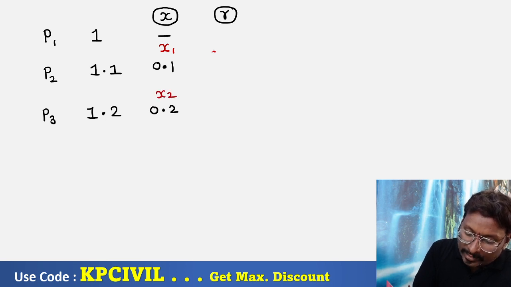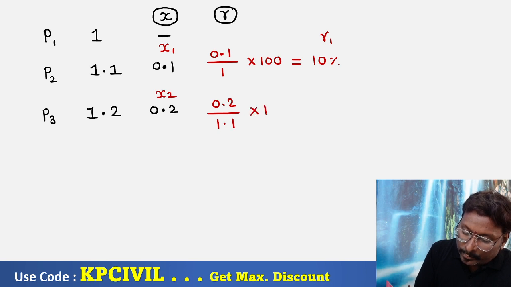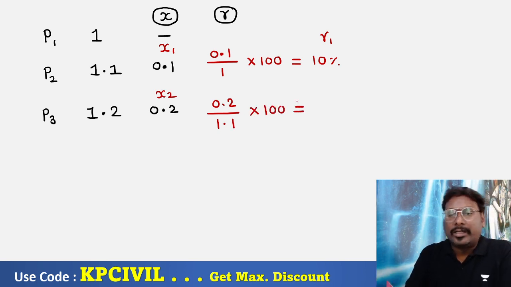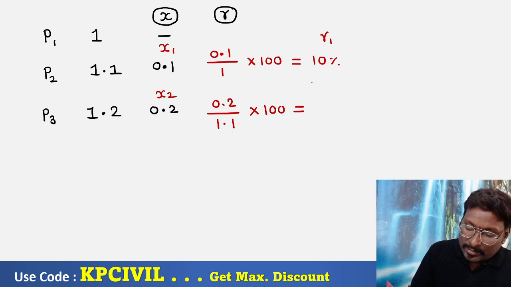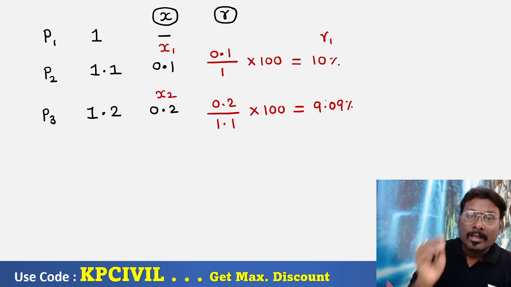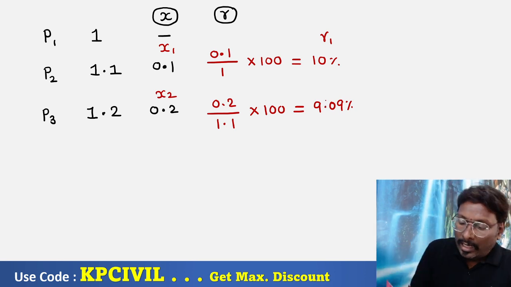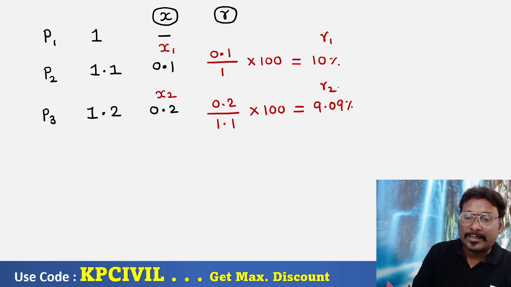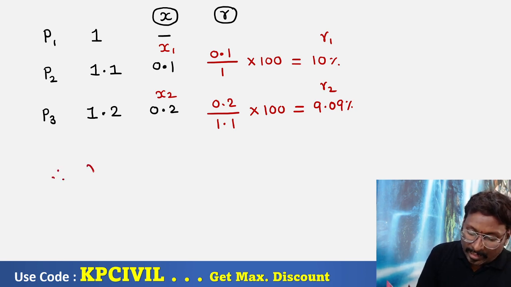So you can get R1 equals X1 by P1 into 100, and R2 equals X2 upon P2 into 100, which is 0.2 upon 1.1 into 100, which is 9.09%. So R1 is 10%, R2 is 9.09%, and now we get the geometric rate constant.